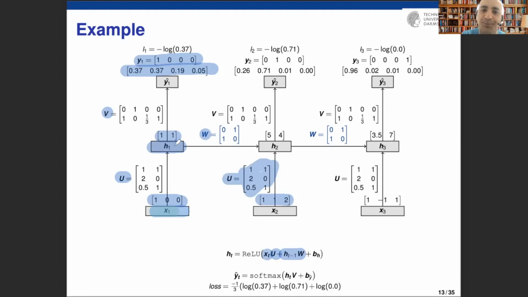We multiply the previous state by a matrix W to transform this hidden state to a vector representation for the second hidden state. And we add a bias term, which we assume is 0, and we obtain the vector representation for the hidden state, given some rectified linear unit activation function.